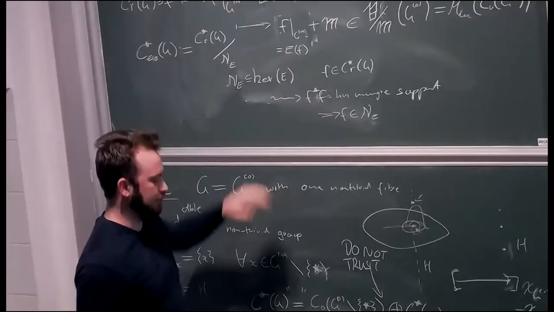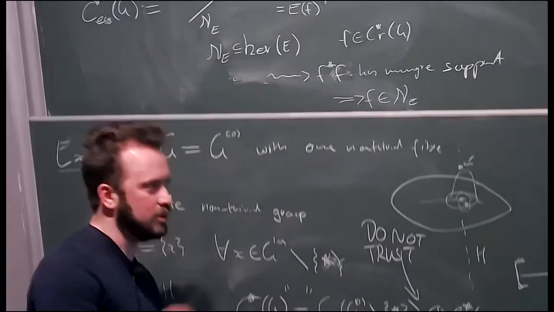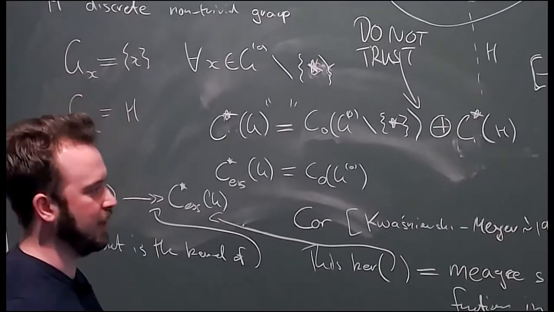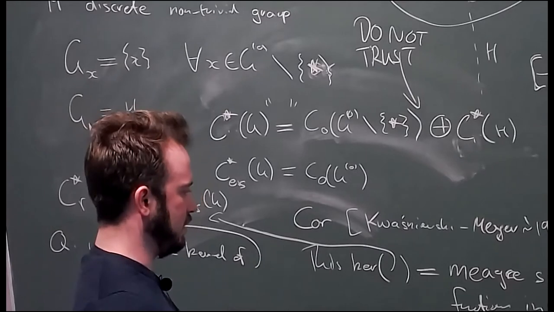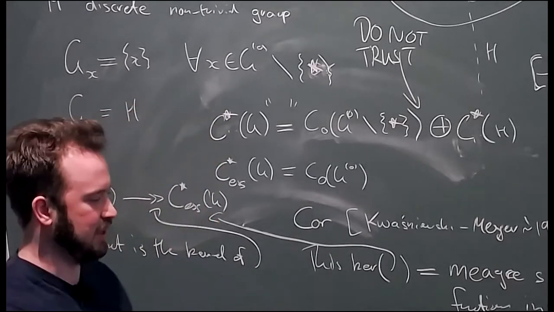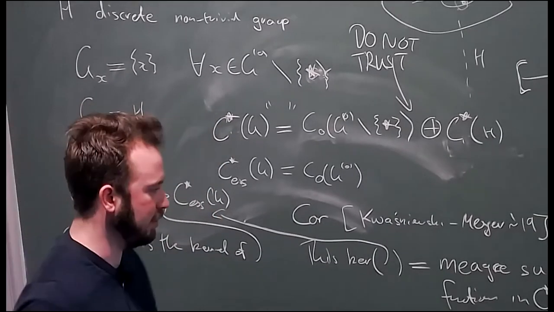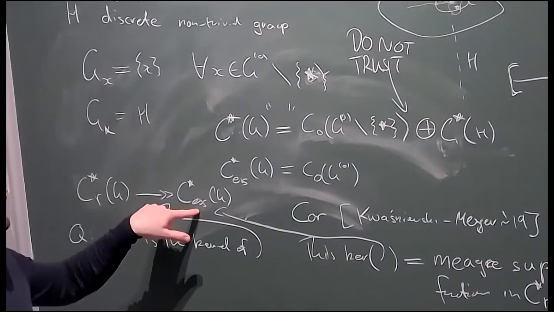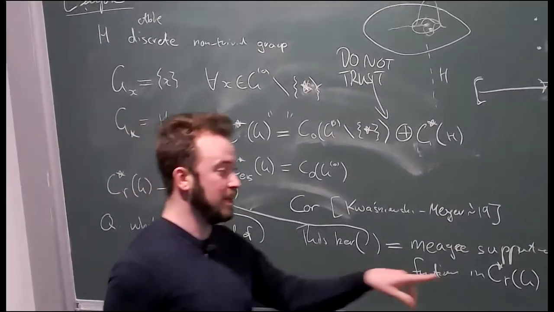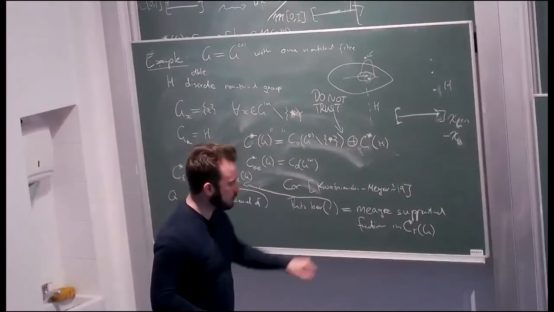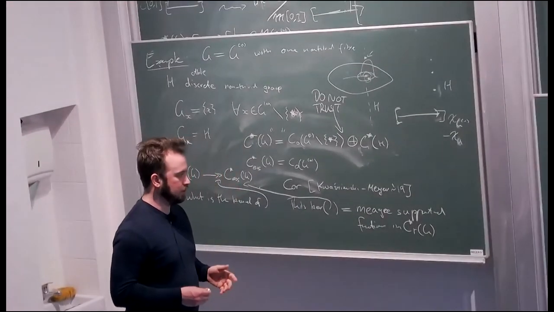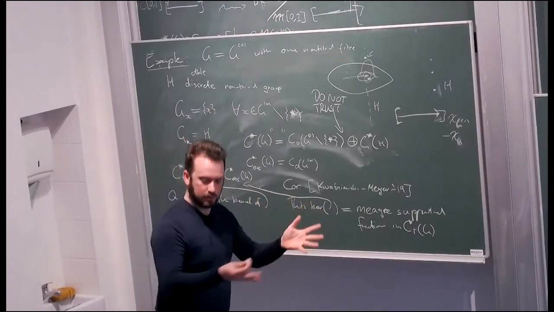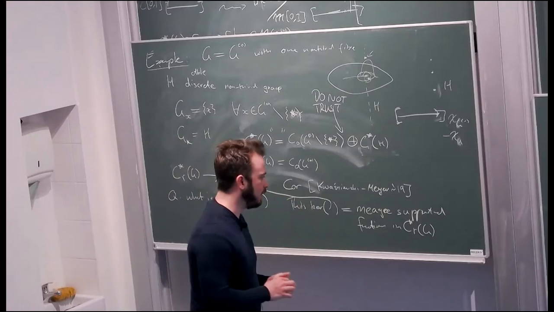Then you eventually deduce, using the machinery that Kwasniewski and Meyer built up, and sticky pasting a couple of results together, that the things that die in this quotient are actually meagerly supported functions. So something that is intuitively kind of true actually is true, which is always nice.